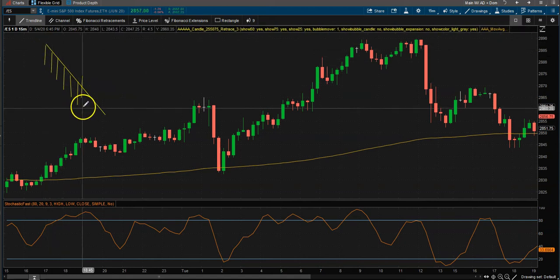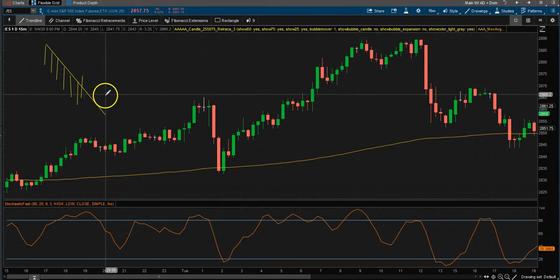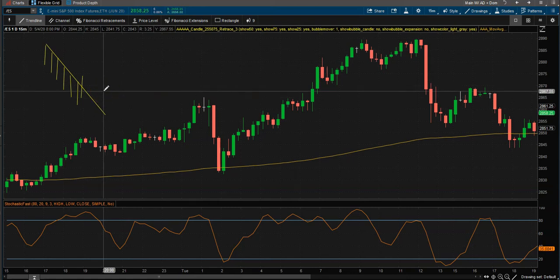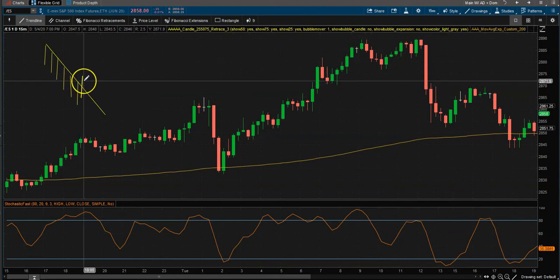And I also call this the fish hook, where it just kind of hooks and it's on the other side. Well, now the second we break above by one tick, double tops are not the same. You're still in a downtrend, but once we break above by one tick, that is going from a bearish market to a bullish market.